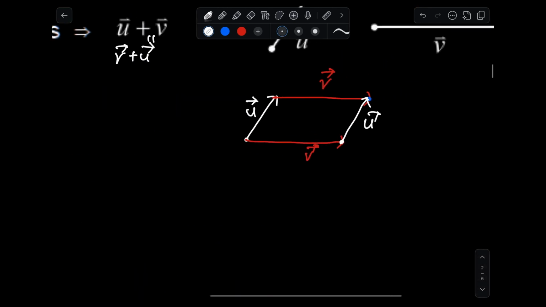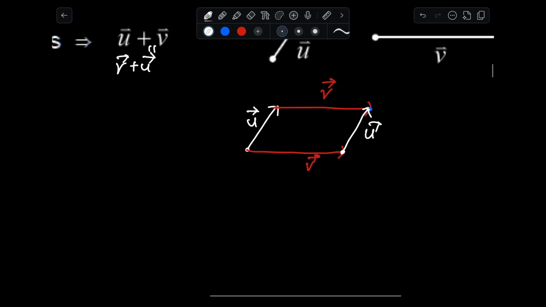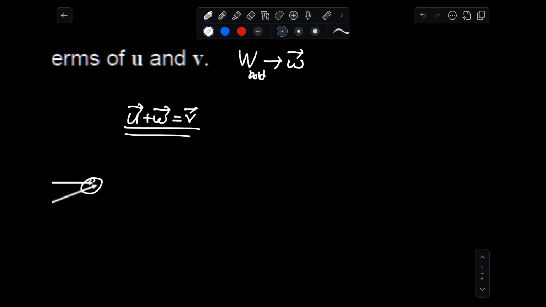Looking back up here, we said that the vector u plus the vector v, adding them up tip to tail, would get us v plus u. We got to that same result, right? And in fact, we can also just subtract vectors and get in the opposite direction, right? So we can say that the vector w equals the vector v minus the vector u.